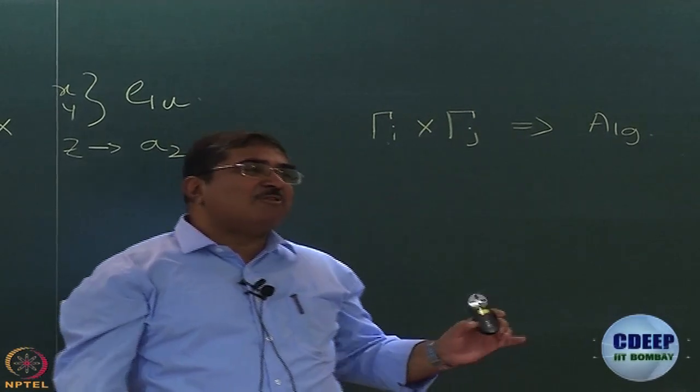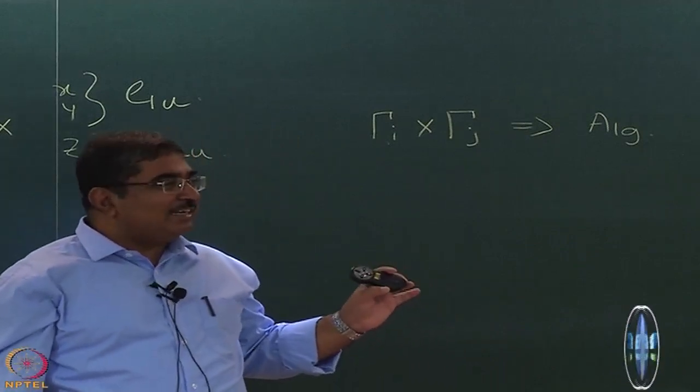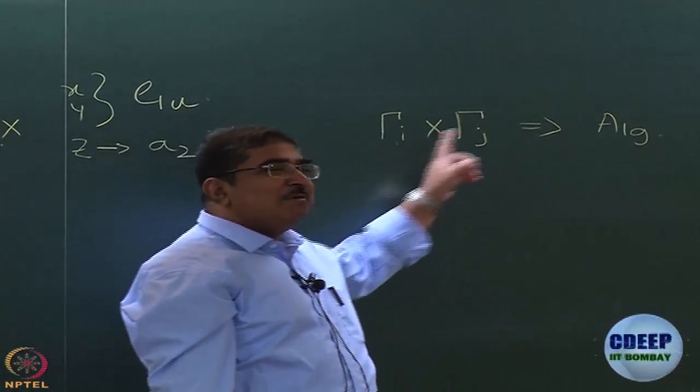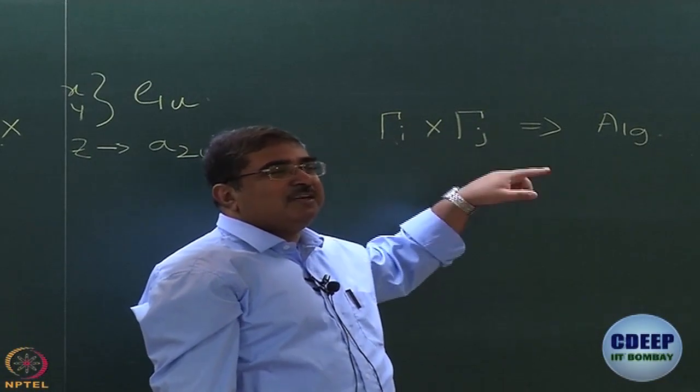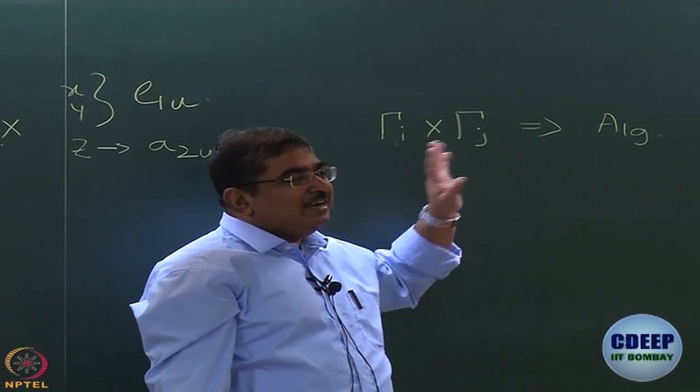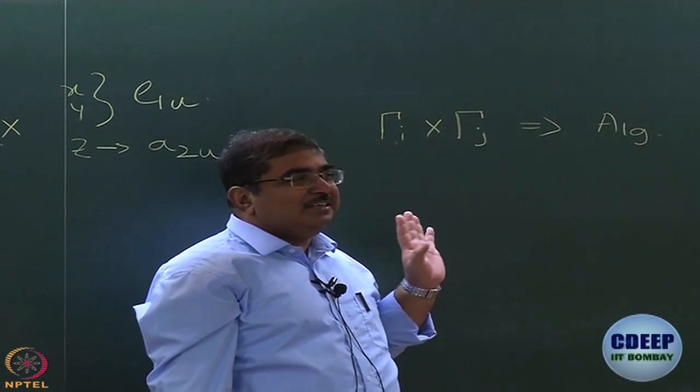When both are the same, of course they will contain it. Every 1 will be multiplied by a 1, every minus 1 will be multiplied by minus 1. So, when both are the same, definitely they will contain the totally symmetric representation.